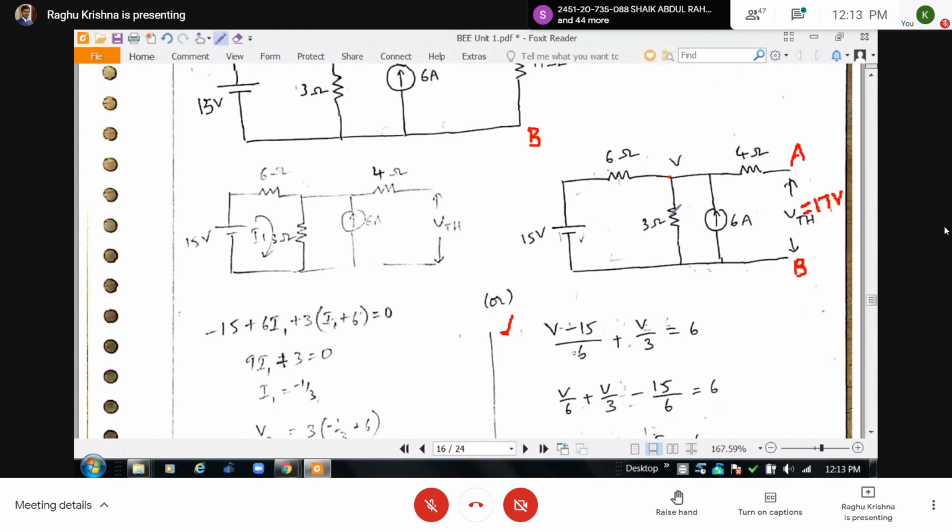Sum of the outgoing currents is equal to sum of the incoming currents. There will be no current through the open terminals, so you have only 3 currents, 2 outgoing and 1 incoming. Here you are going to get the voltage V equal to 17.